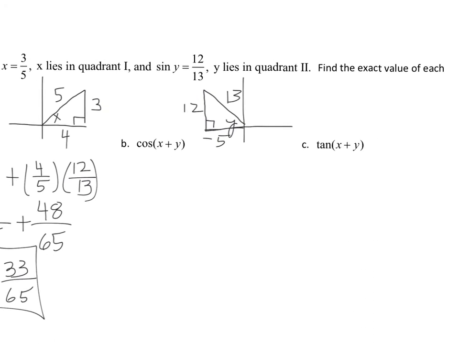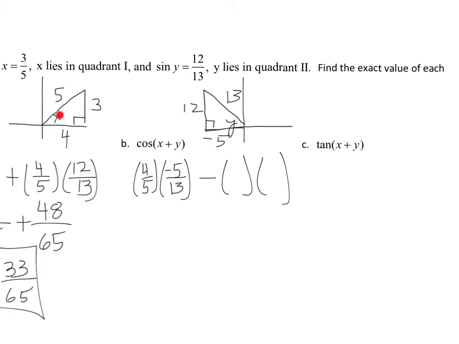Moving on to cosine of x plus y, I'm going to write out my parentheses. That's cos cos minus sine sine. Remember, that's the cosine sum formula: cos x cos y minus sine x sine y. Cosine of x is adjacent over hypotenuse, which is 4 over 5. Cosine of y, from this triangle, is negative 5 over 13.